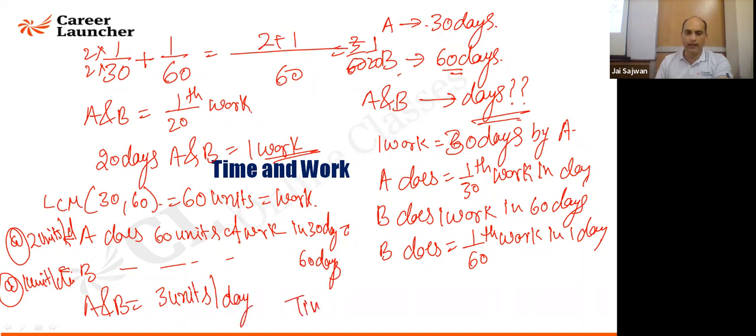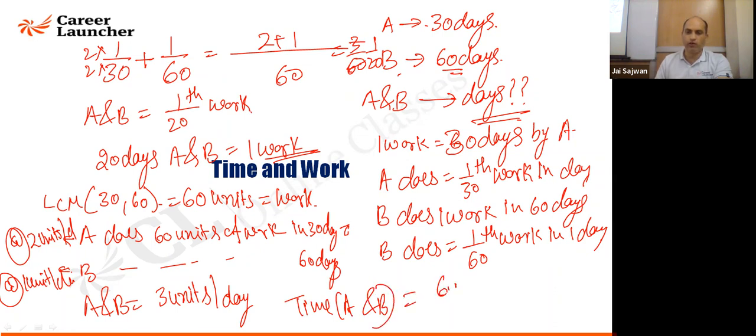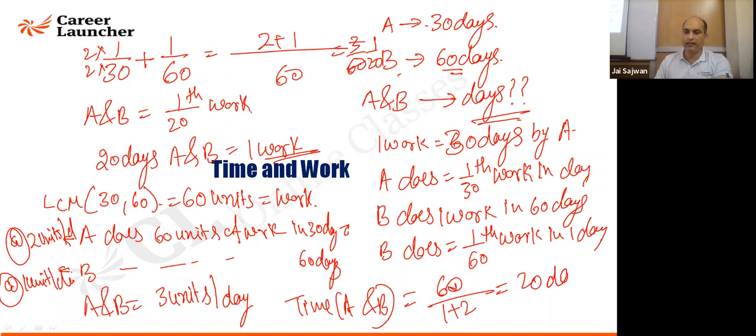So time taken by A and B to complete the work: 60 units of work is done by both of them, so it will take 20 days. You can also cross check your answer with the earlier one, 1/20, which means 20 days is the time needed by A and B combined to complete the work. So the answer is 20 days here.